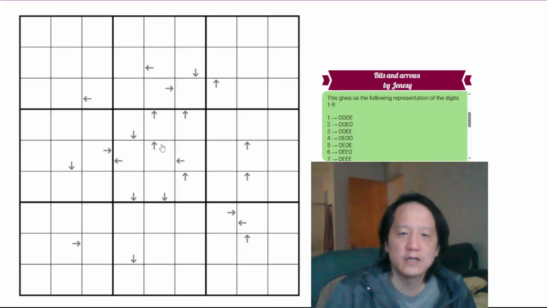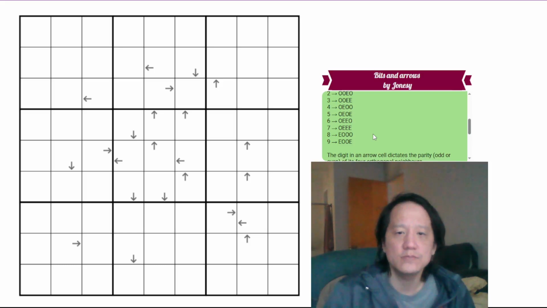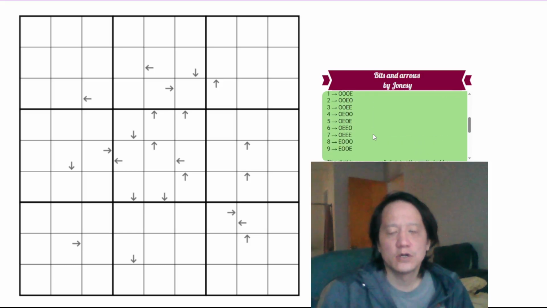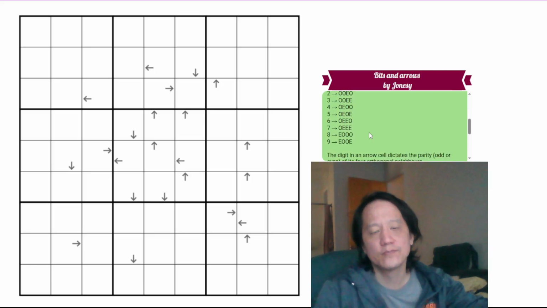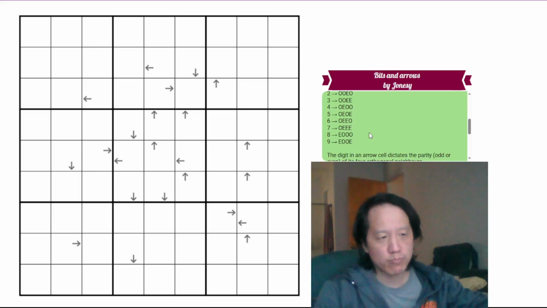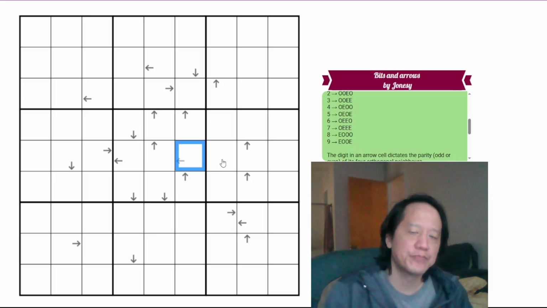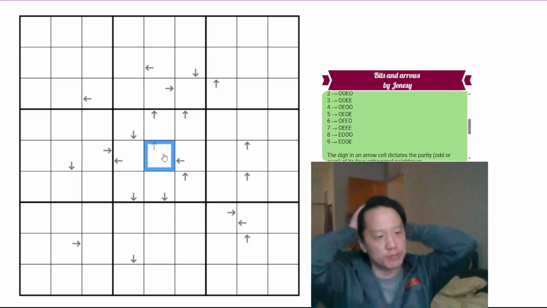Let's go. Okay, we know each digit in box 5 is represented. So what can the middle digit be?